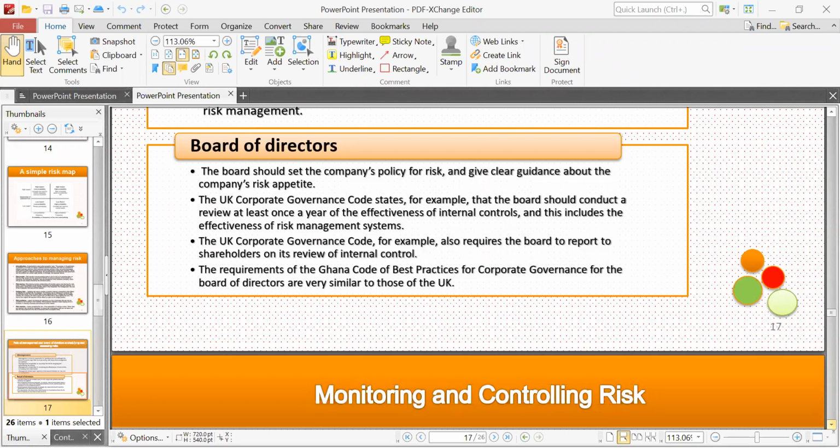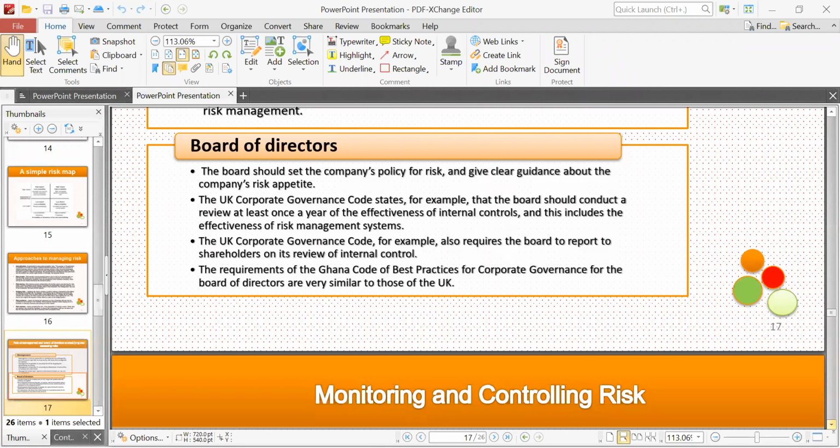The UK Corporate Governance Code, for example, also requires the board to report to shareholders. So the board has a lot of responsibilities. They set the company's policy for risk, and also they give guidance on the risk appetite, which we've talked about. Then they're also supposed to report to shareholders on its review of internal controls.